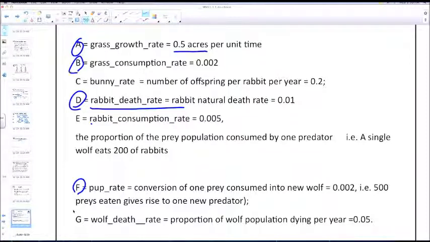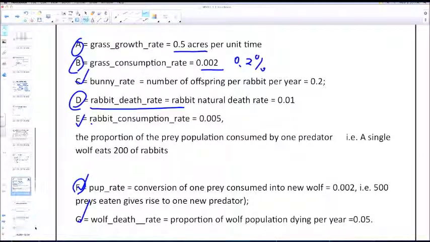And B is the grass consumption rate by the rabbits. That means the rabbits will eat 0.002, or say 0.2%, of the grass. The other 4 are the same as our previous model.